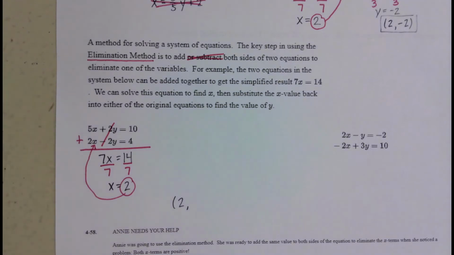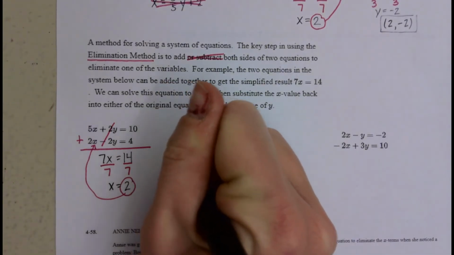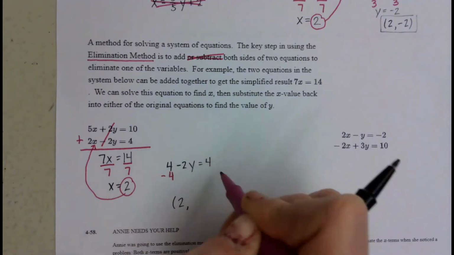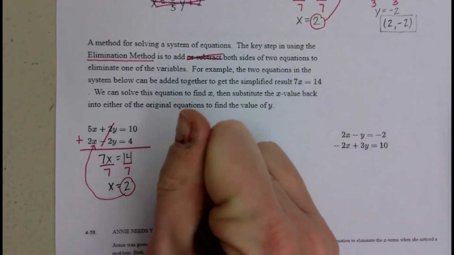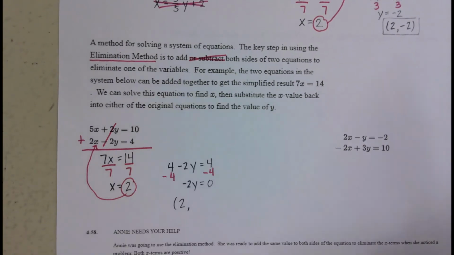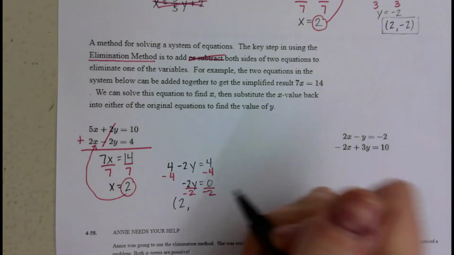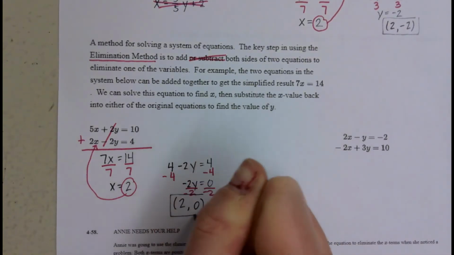So 2 times 2 is 4, minus 2y equals 4. And now I have a second equation I can solve. So I subtract 4 from both sides. I get negative 2y equals 0. And then I can divide by negative 2. And I get 0 for my y value. And there is my point of intersection.